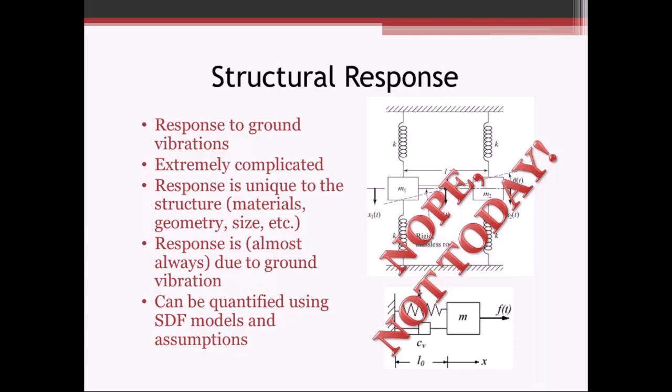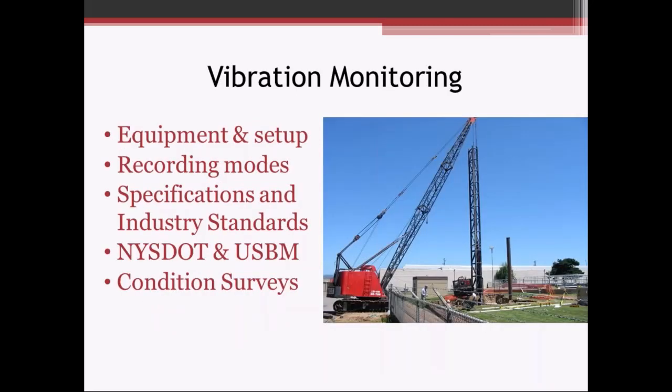It can be determined. We want to make sure that the input frequency isn't near that resonant frequency. Usually resonant frequencies for structures are pretty low, 6, 8, 10 hertz or something like that. But again, we're not really going to discuss any of that specific structural response beyond that today.